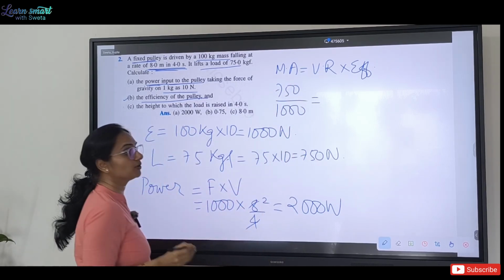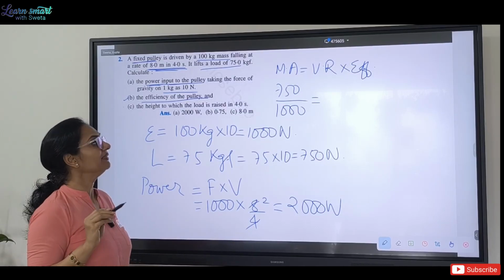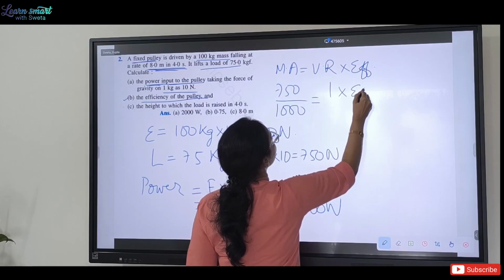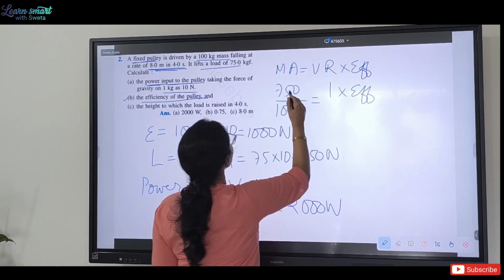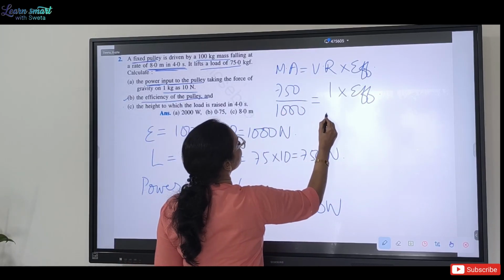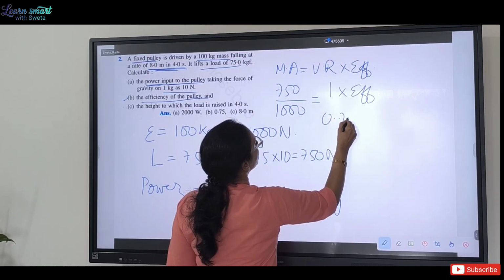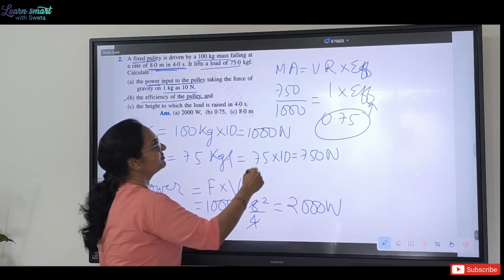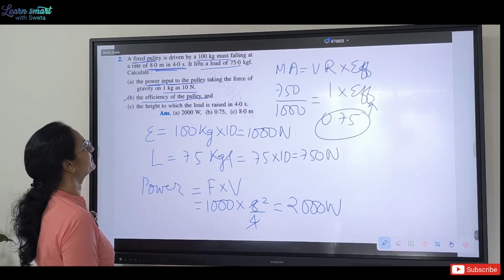And velocity ratio, for a fixed pulley, we have to remember that velocity ratio is 1. So we will take 1 and into efficiency. So efficiency we get how much? 0.75. 750 upon 1000, you will get 0.75.